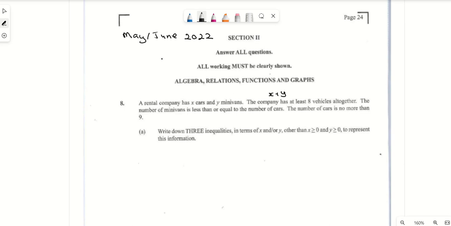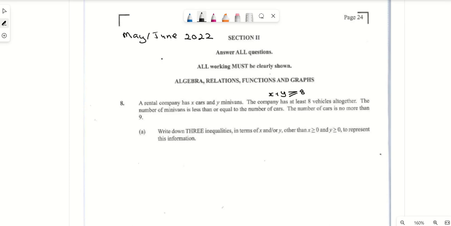They said for the least amount. So that means we have more than 8 vehicles. So it's going to be X plus Y is more than or equal to 8. So the combination of cars and minivans, the least amount that you can get is 8 vehicles, right?